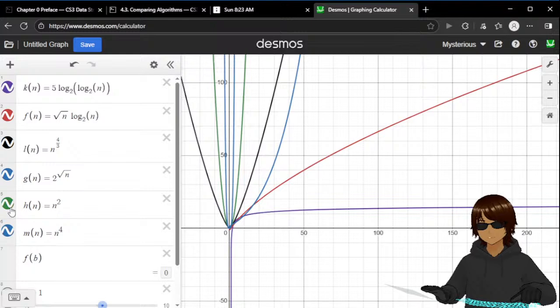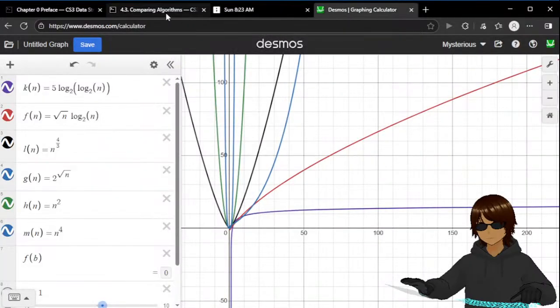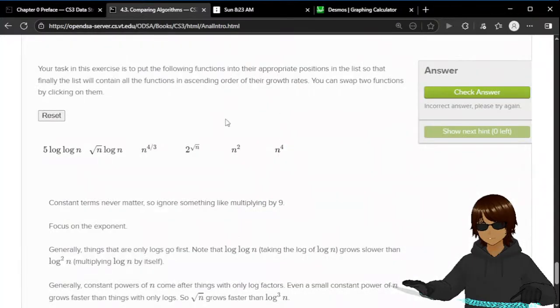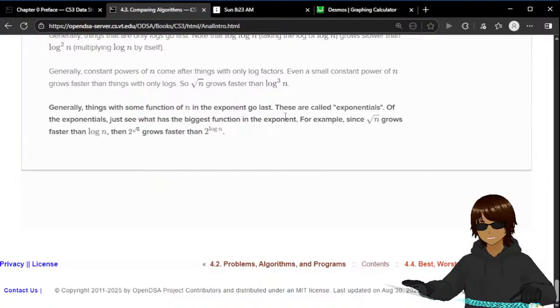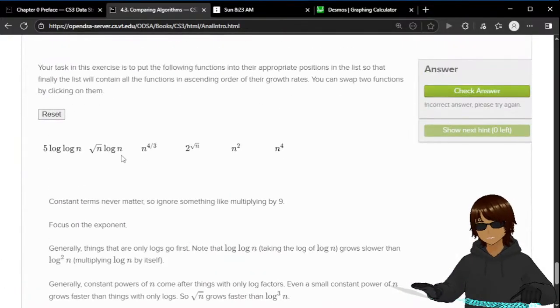To the power of 4, to the power of 2, 2 root n, this first, and then n to the 4/3. Two root n and then the 4/3. How do I check the answer though? No, I mean get the correct answer.